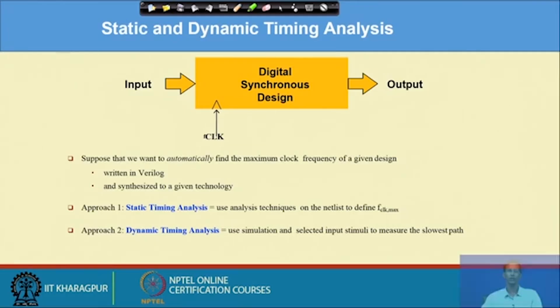Whenever we give inputs in real time, your circuit may fail. So, from the beginning, if we provide some input combinations to the design and then do the timing analysis, the probability of that failure is reduced, which is my intention.